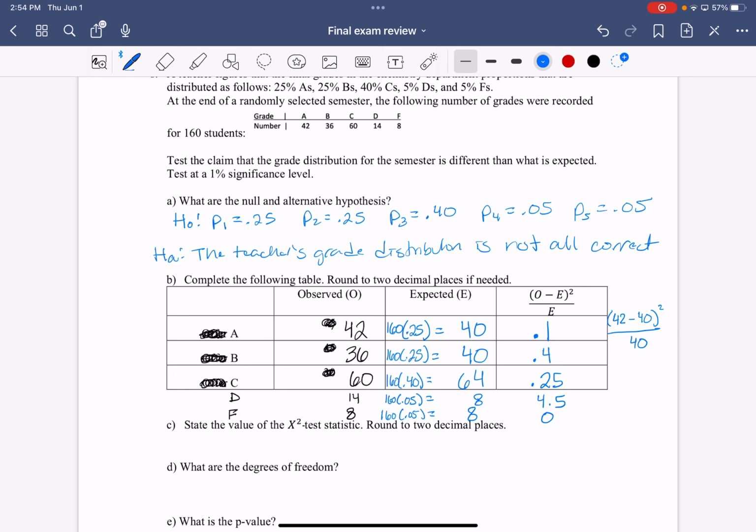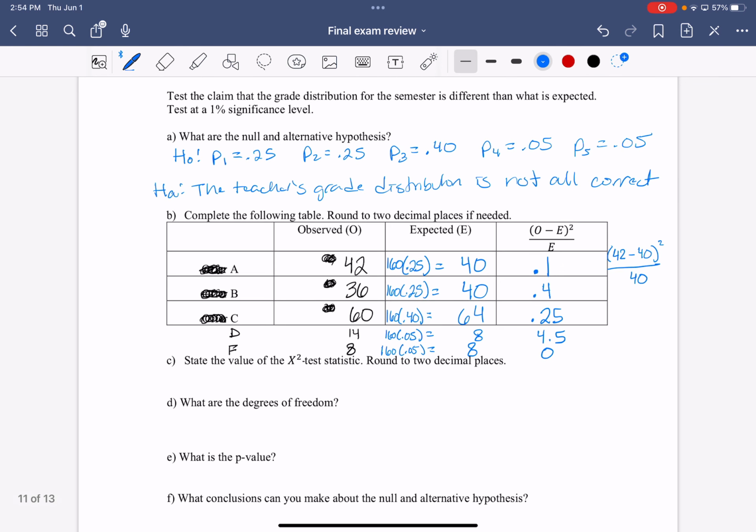Anyone having any questions here? Okay. Part C, state the value for the chi-square test statistic. So how do we calculate that? You add the sum of the contributions together.